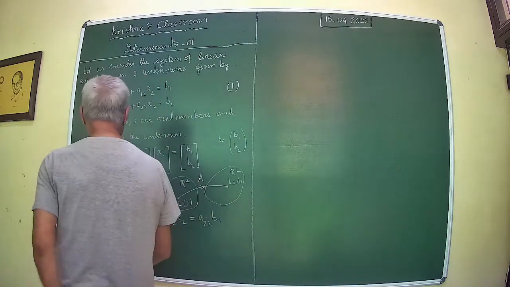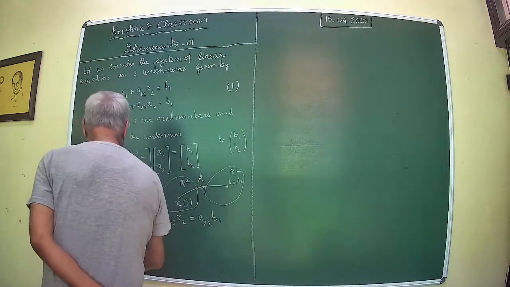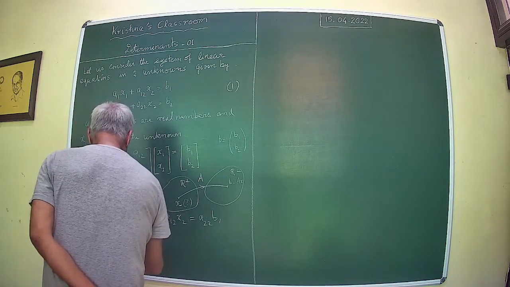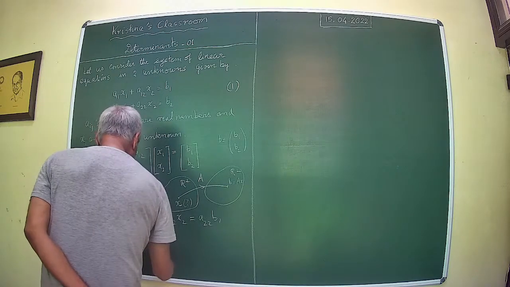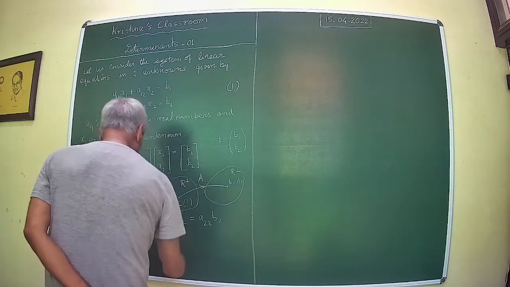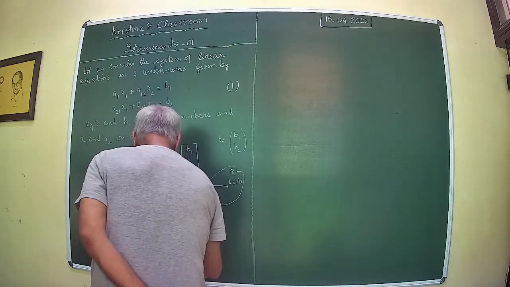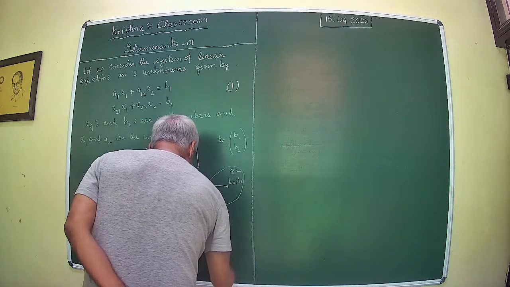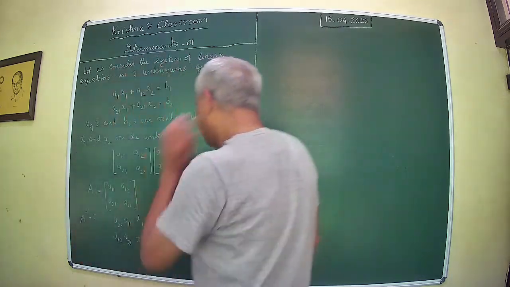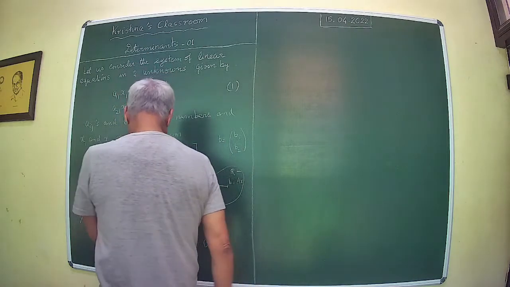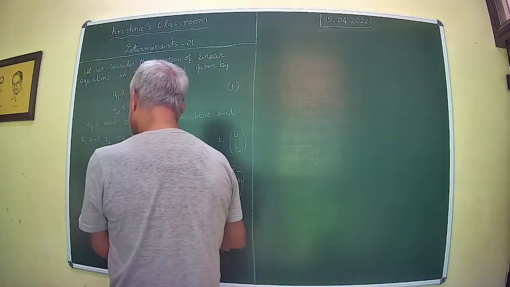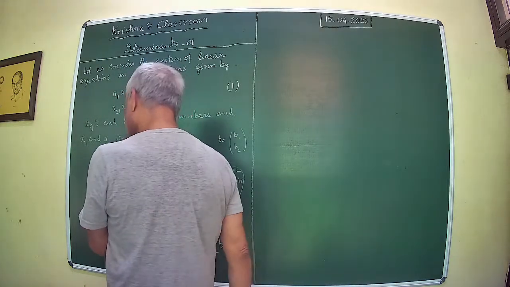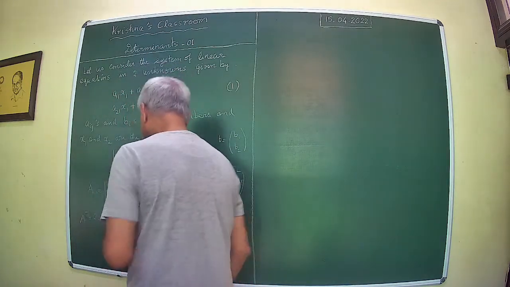Similarly, multiply the second equation by A12: A12 A21 x1, A12 A22 x2, equal to A12 b2. Now subtracting, you get, see, these two terms would go off when you subtract this from this. This is what you get.